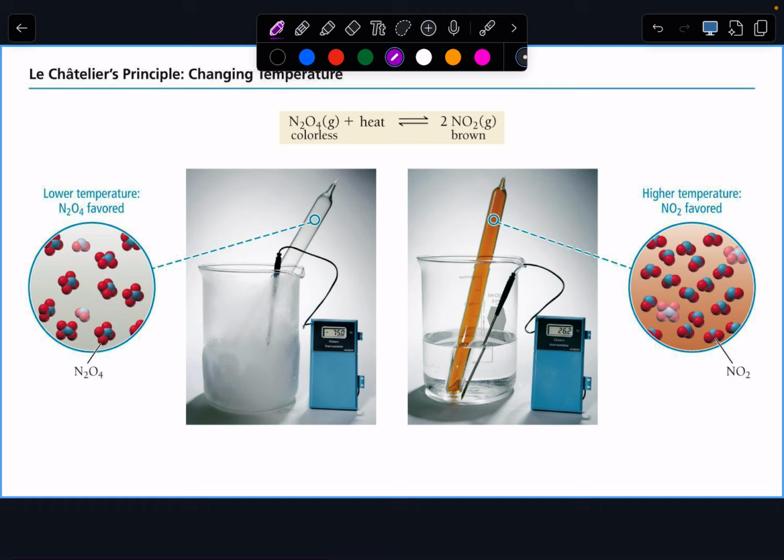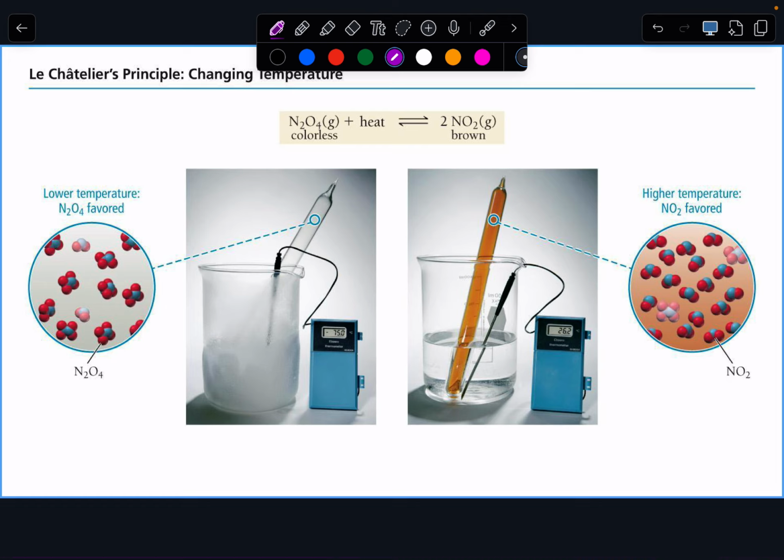As we heat it up, it changes the ratio that's desired for that temperature, and it shifts towards the products. Now, the way we explain this is by looking at whether the reaction is endothermic or exothermic. Meaning, is heat required for this process to happen, or is it a product?